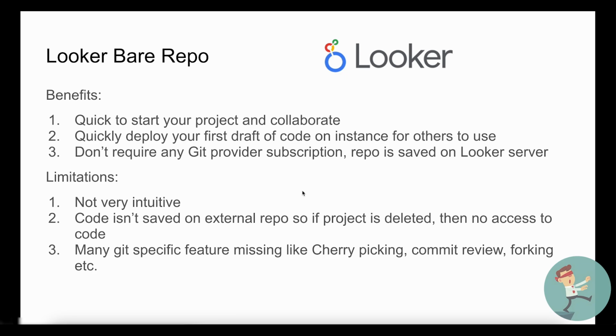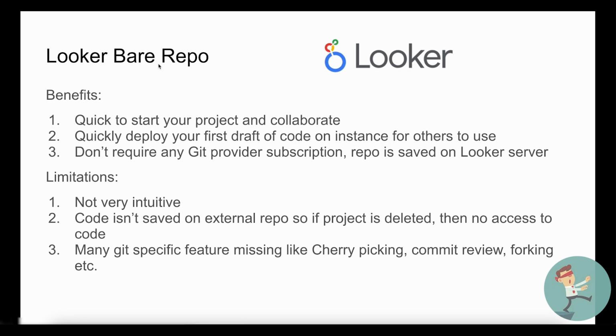Also the code isn't saved on an external repo, so if the project is deleted, then you don't have access to your code. Many specific features that are provided by Git providers, like cherry picking, committing, reviewing the branch at a specific commit, and also forking the branches, are not available using the bare repository.